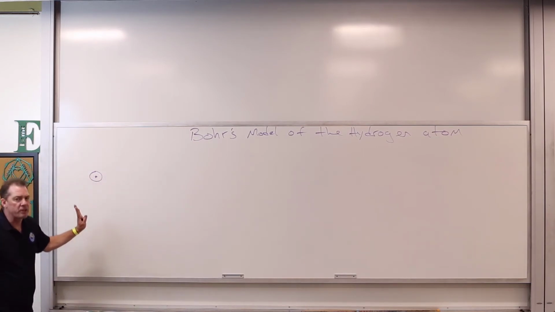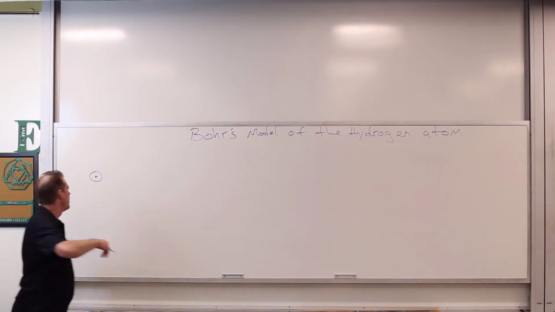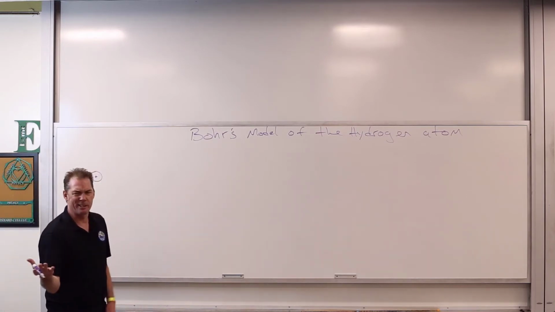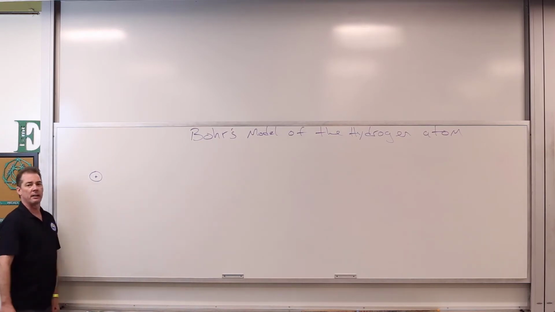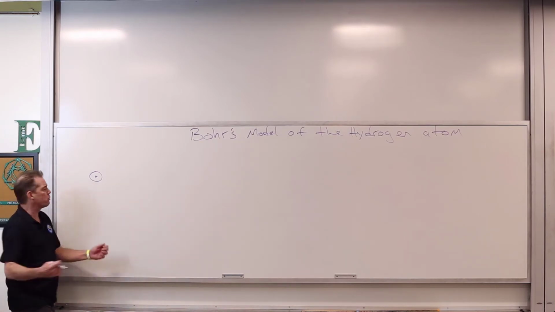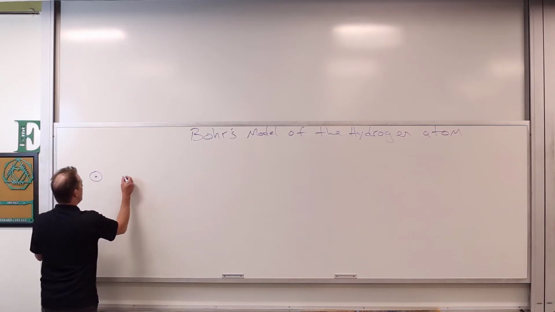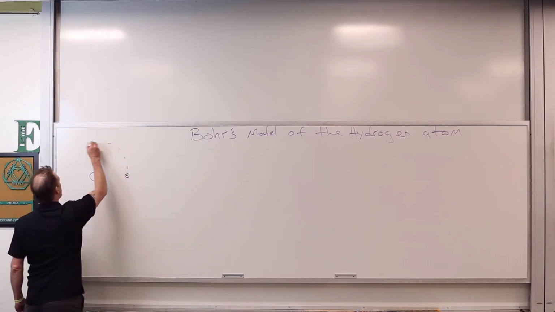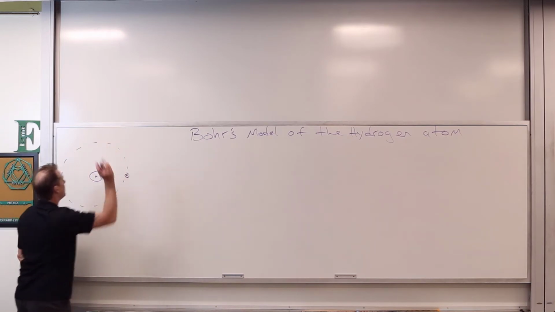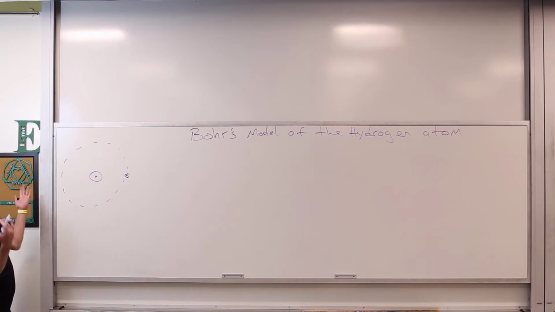Hydrogen's the simplest atomic system there is, the most abundant element in the universe, at least that we know of. And it's a single proton and a single electron system in its neutral state. So we've got this proton, and then we've got this electron, and the electron orbits the proton in a circular orbit.